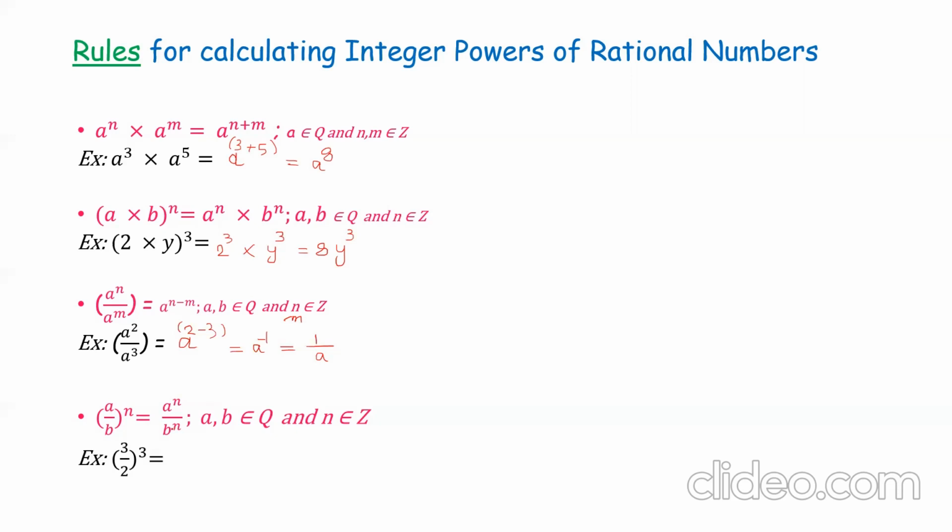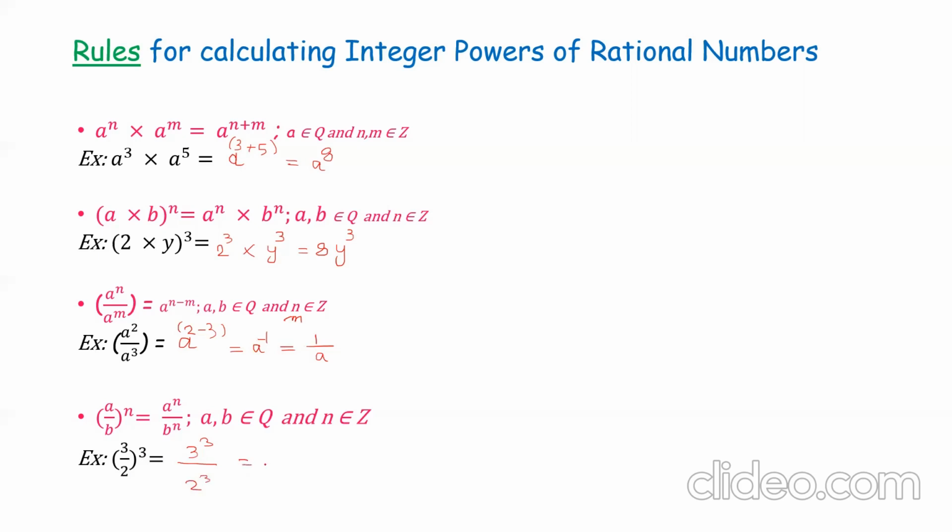So if we want to take a practical example, such as 3 over 2 raised to the power of 3, in this case a is equal to 3, b is equal to 2, and n is equal to 3. So this will give us a to the power of n, which is 3 to the power of 3, over b to the power of n, which is 2 to the power of 3.